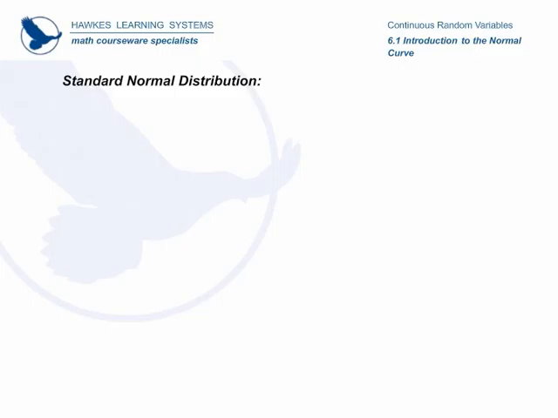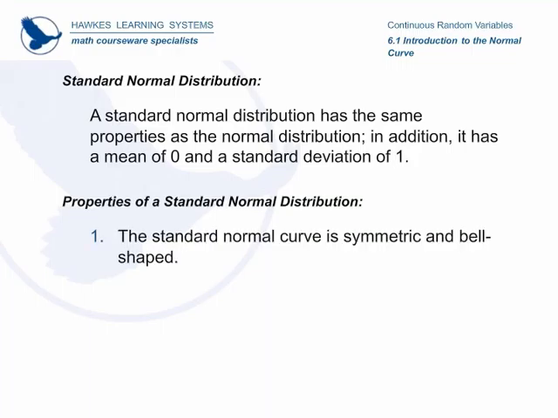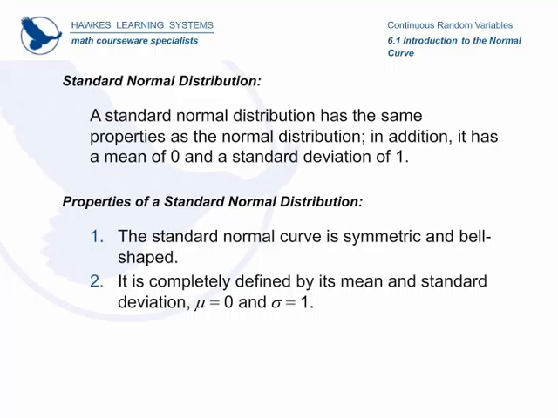Now, having looked at a normal distribution, let's take a look at a standard normal distribution. A standard normal distribution has the same properties as the normal distribution. In addition, it has a mean of 0 and a standard deviation of 1. So for properties of a standard normal distribution, the standard normal curve is symmetric and bell-shaped.